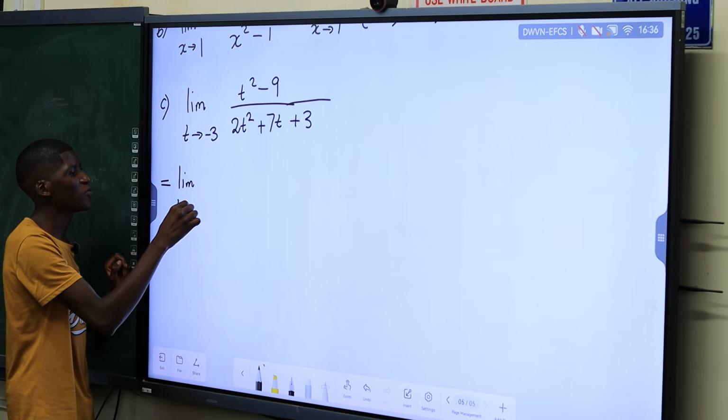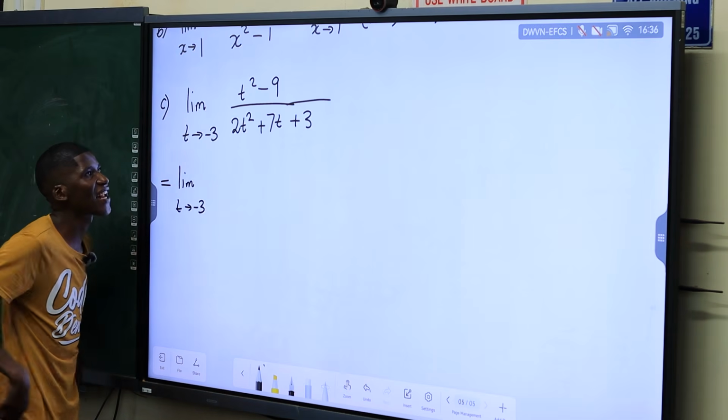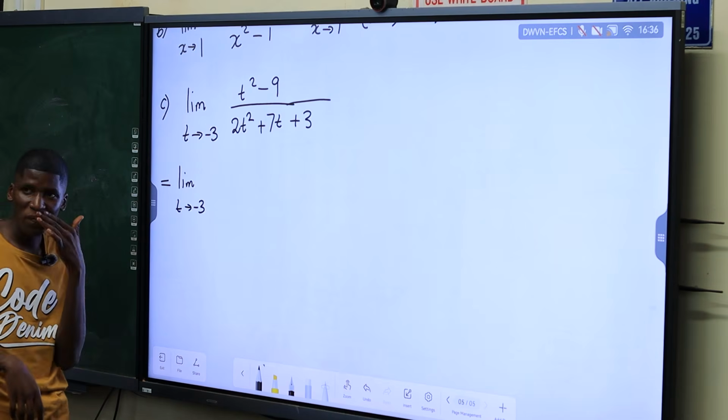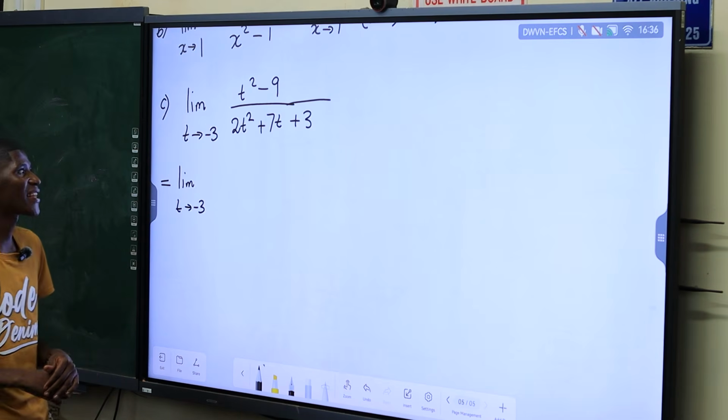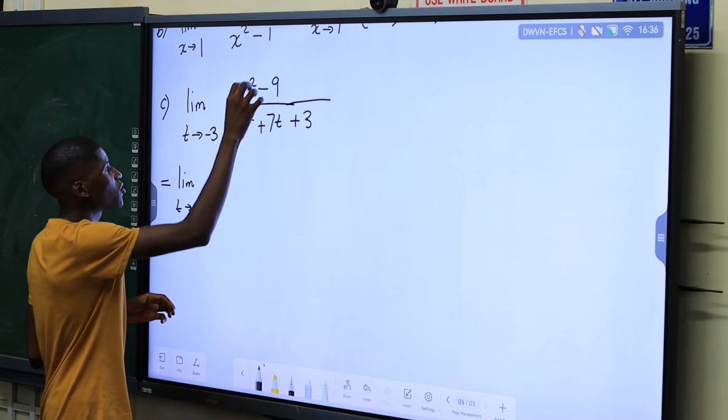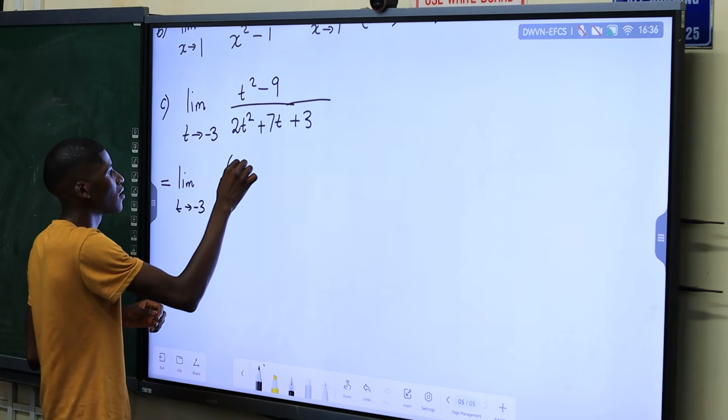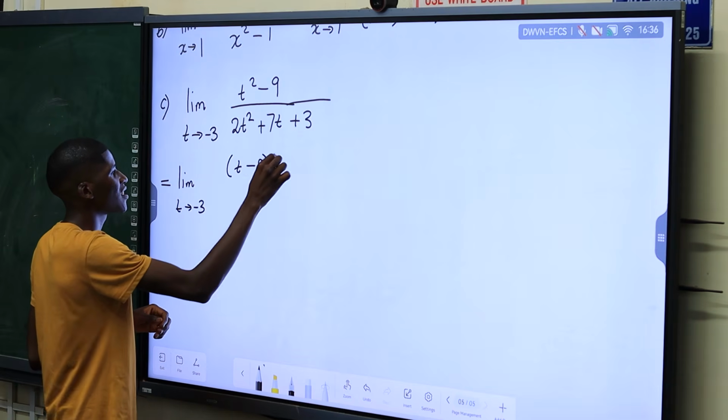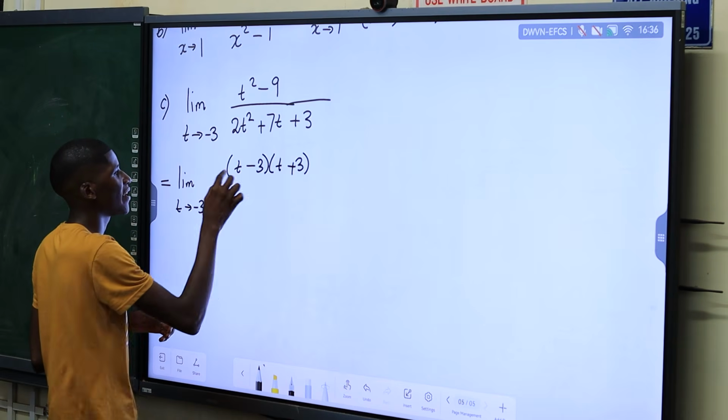Simplifying first. What can we do? Factorize in the numerator. We have a difference of two squares, which will give us t minus 3 times t plus 3. Exactly.